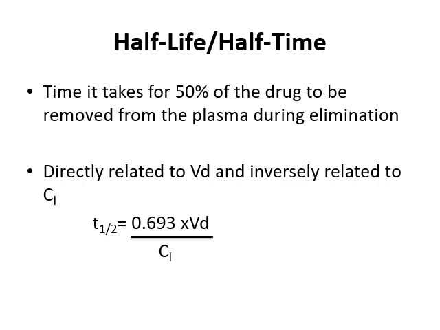And this is the equation for half-life. So half-life, T1/2, equals your time constant, 0.693, times volume of distribution, and it is divided by, or inversely proportional to, clearance.